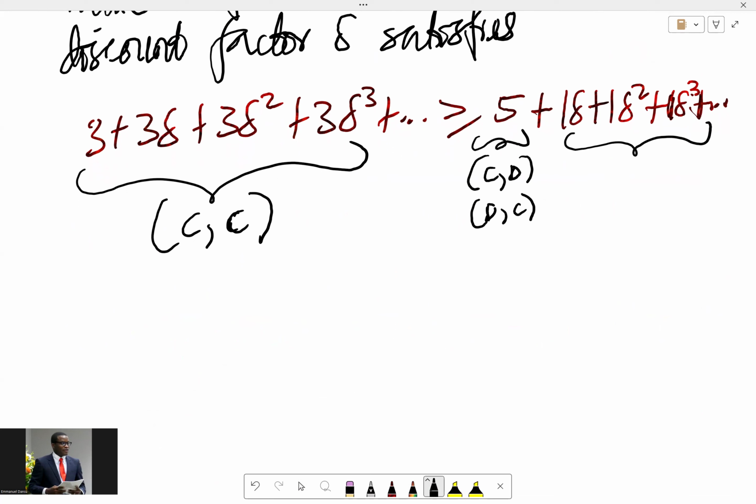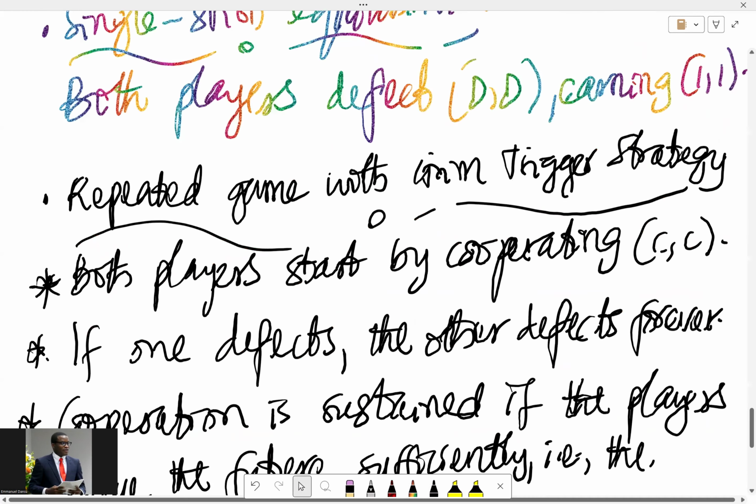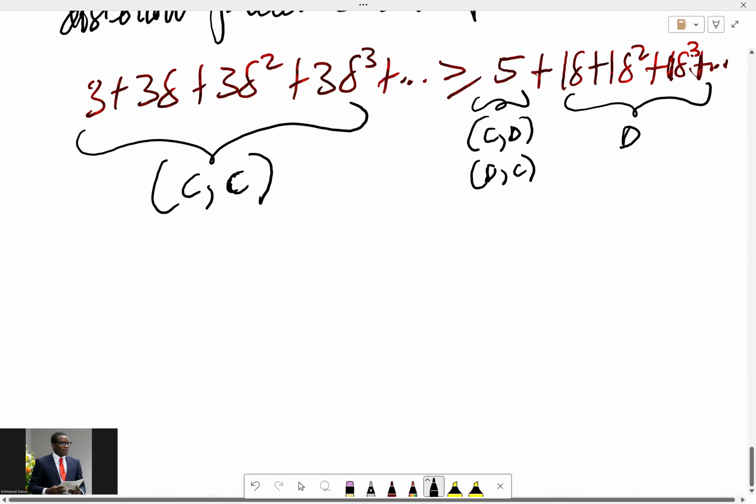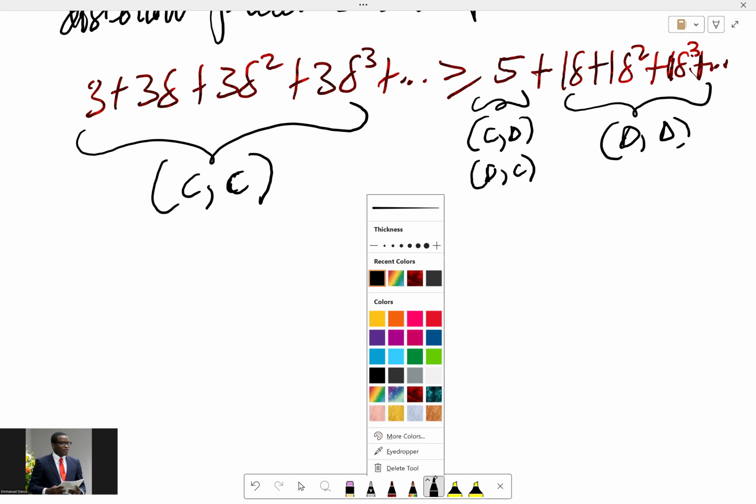And for here now, of course, this corresponds with everybody defecting. That's DD, as you can see. All right, so what this one ends up being is this. I want to switch gear here.